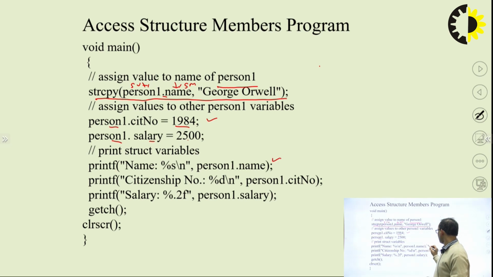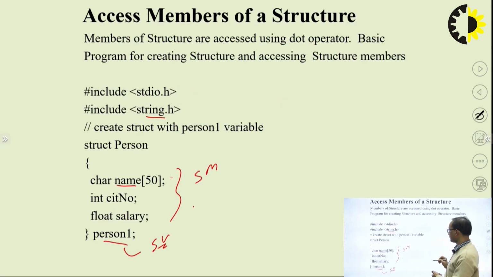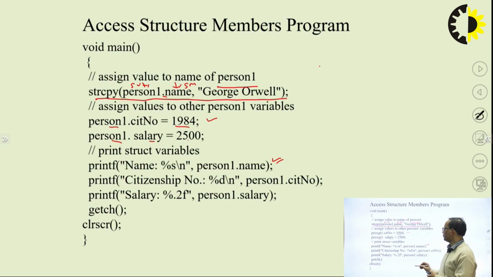Now to access the value of those particular structure members, we will use the dot operator again. Since name is a character type array, for that purpose we will use the type specifier percent s and again person1 dot name. So person1 dot name will be printed when this statement executes.